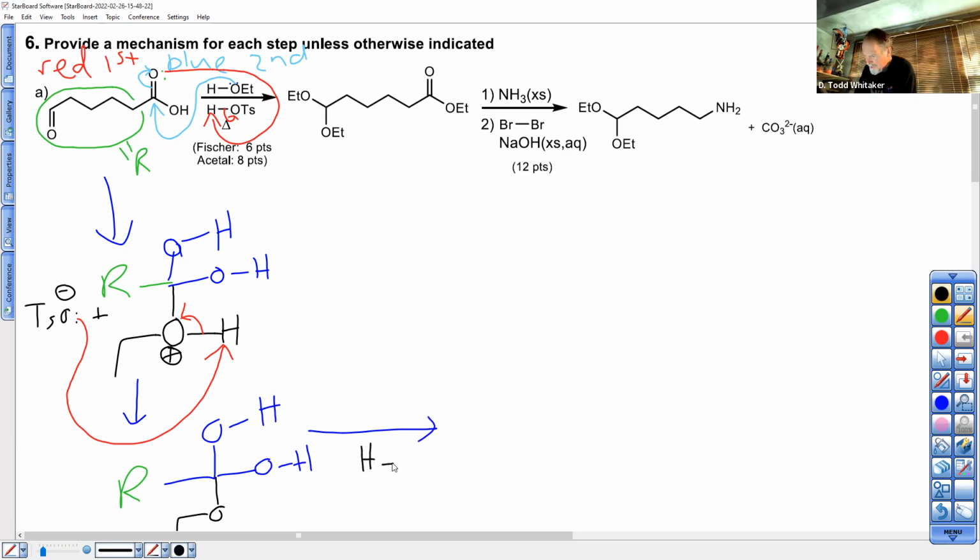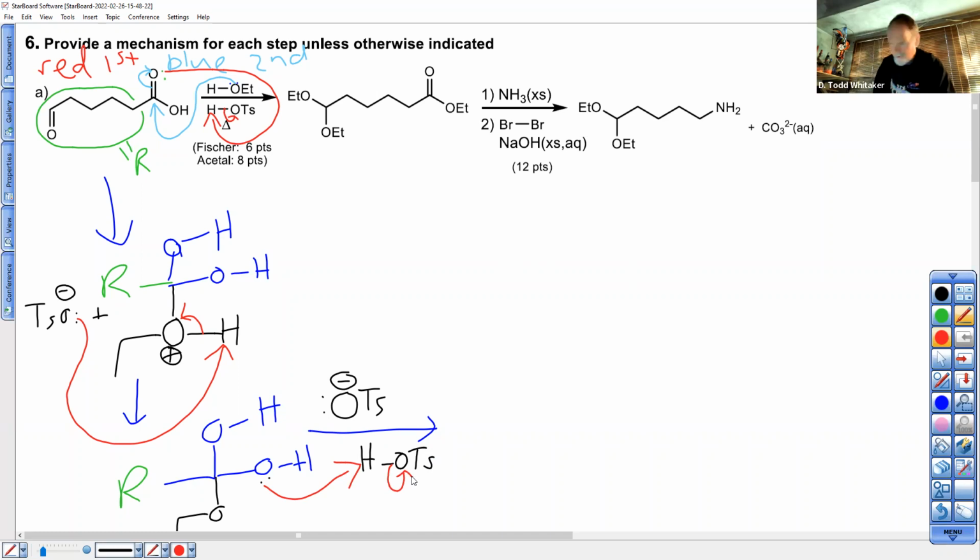You made HOTs. You're going to be using OTs minus in the next step, so let's have it ready. First step is to protonate to make a better leaving group. And the leaving group leaves off of the strong acid.